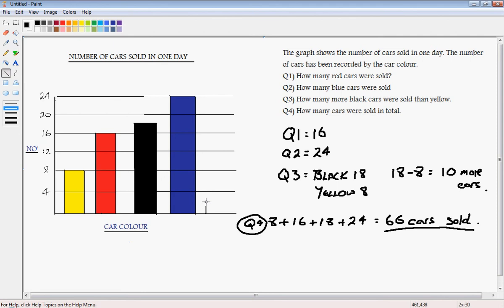Okay. So I go about halfway. Oh dear. Okay. That's about halfway. And I create a little bar. Okay. So this then represents the green cars.